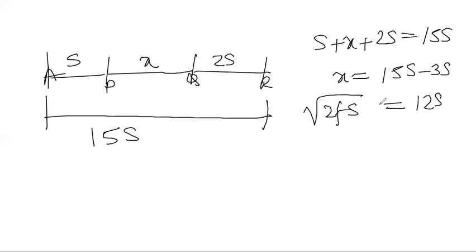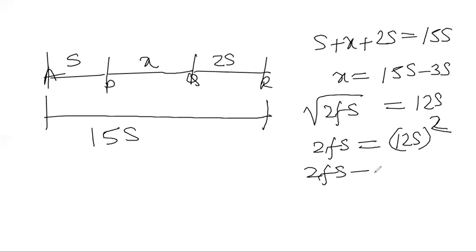Equate both of these and square on both sides. 2fs is equal to how much is this? 12s whole square. What would that be? 2fs is equal to 12 into 12 into s square. One of the s you can cancel. Then you will get some value for s.